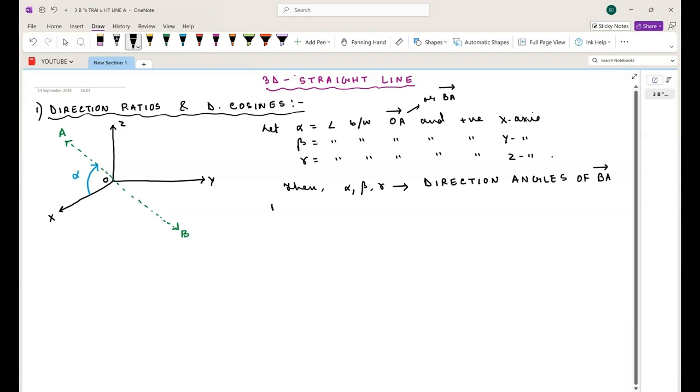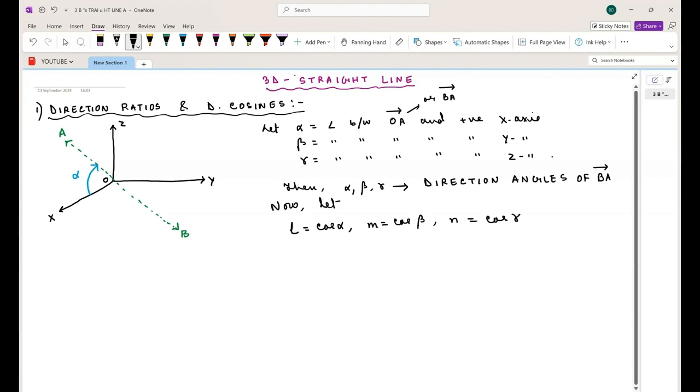Now we are introducing three new symbols. L, I'm going to call it cos alpha, M cos beta, N cos gamma.